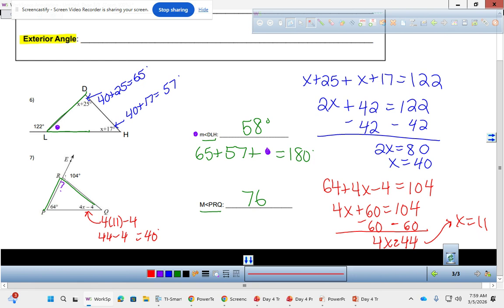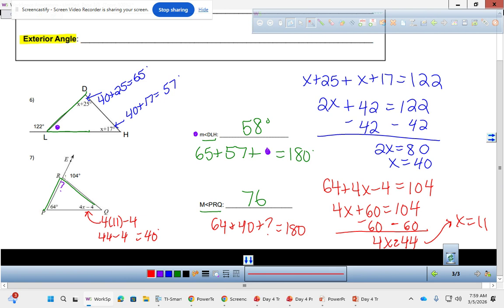I plug X is 11 into this one missing angle and I get that that missing angle is 40 degrees. So then I'm going to take 64 plus 40 plus that last angle and set it equal to 180. And so we get 76.